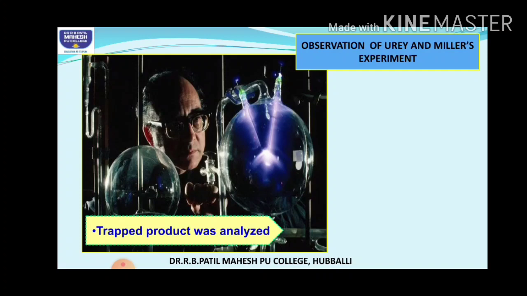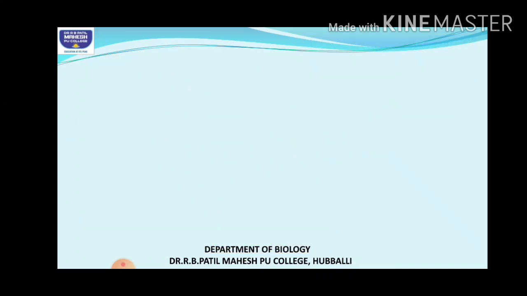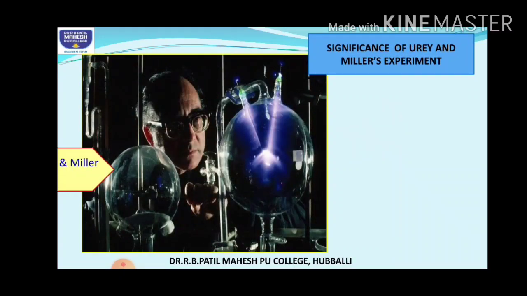The trapped product was analyzed, and it was found that a series of simple organic compounds were formed. To their surprise, they could see simple organic compounds like amino acids, sugars and fatty acids formed inside that trap. What is the significance of this? What did they come to know by this experiment?